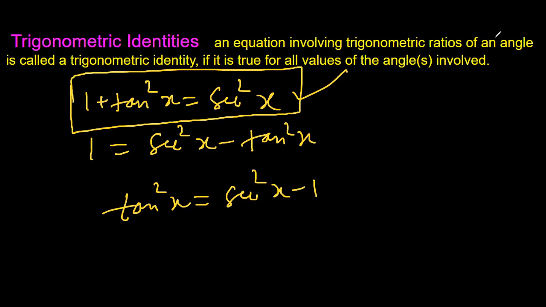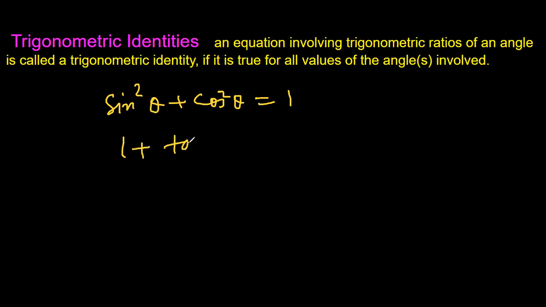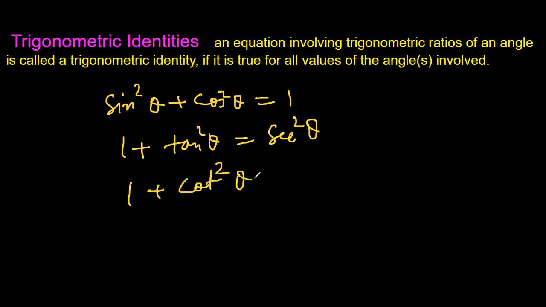Finally, using Pythagoras theorem, we have got three trigonometric identities. The first one is sine square theta plus cos square theta equal to 1. Second one, 1 plus tan square theta is equal to sec square theta. And the third one is 1 plus cot square theta is equal to cosec square theta.